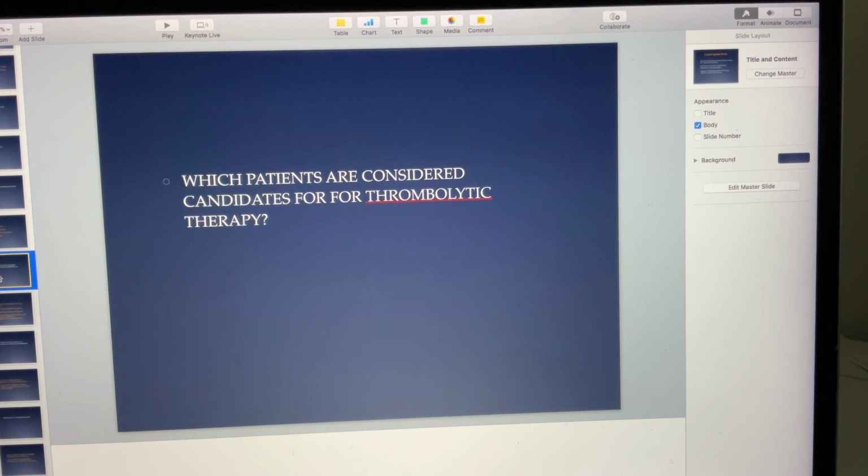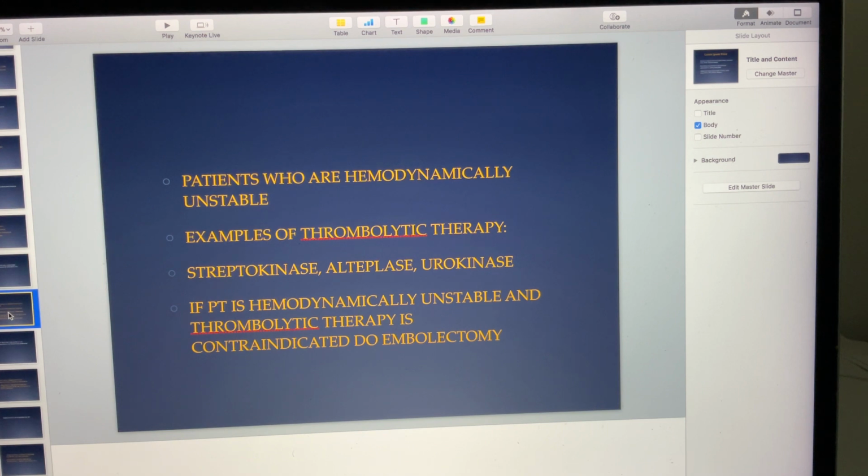Which patients are considered candidates for thrombolytic therapy? Okay, patients with pulmonary embolism that are good candidates for thrombolytic therapy are patients who are hemodynamically unstable.